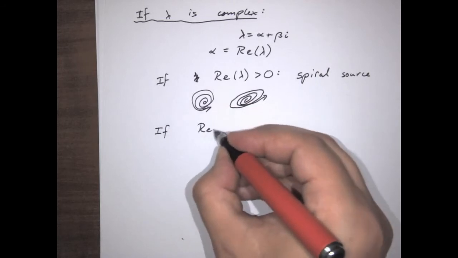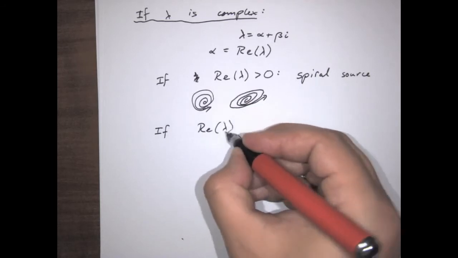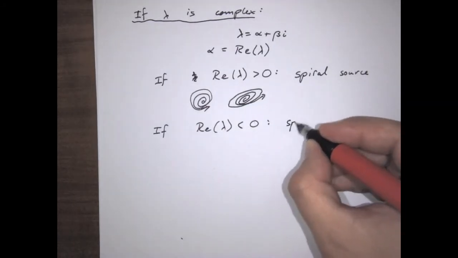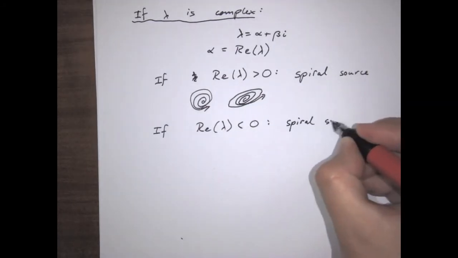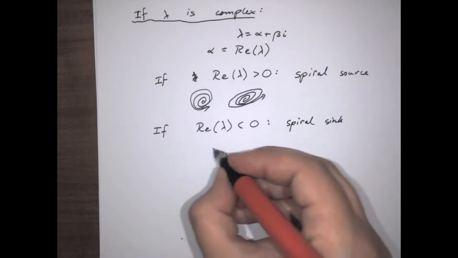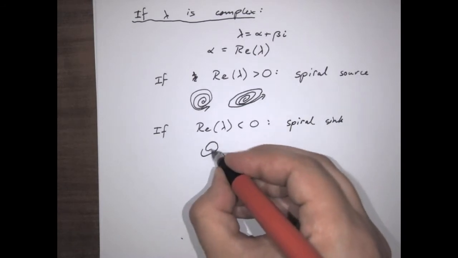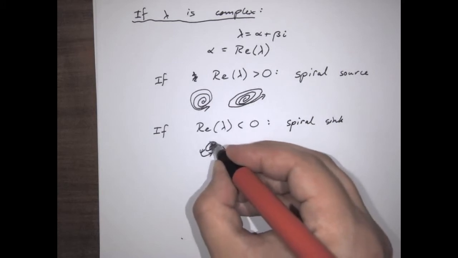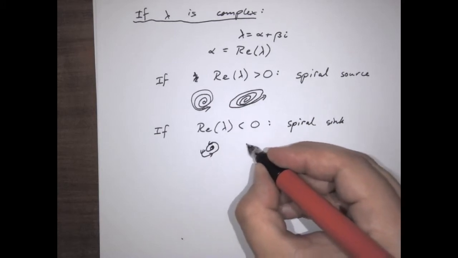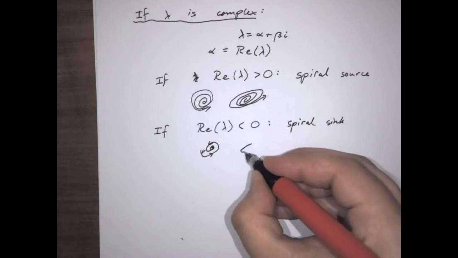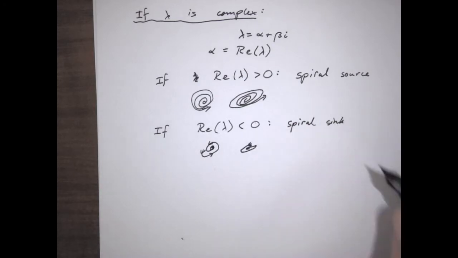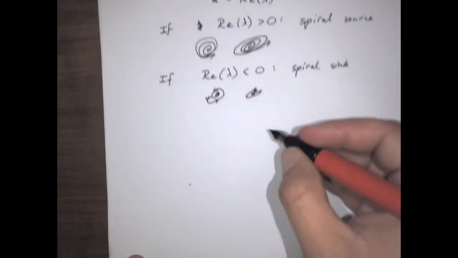And if the real part of lambda is less than 0, we have a spiral sink. And notice these do complete full rotations.